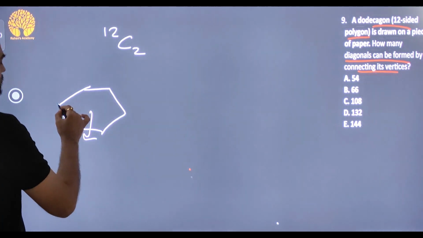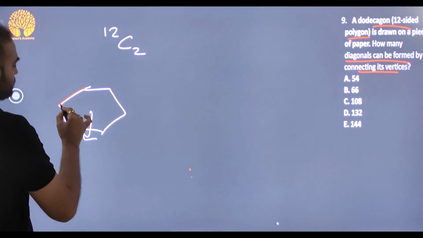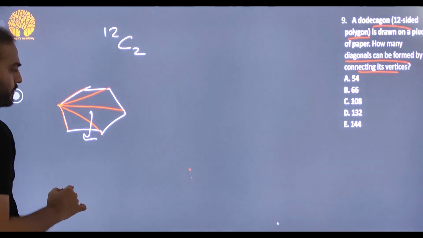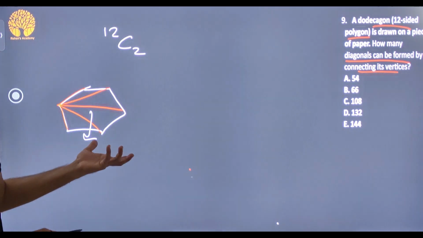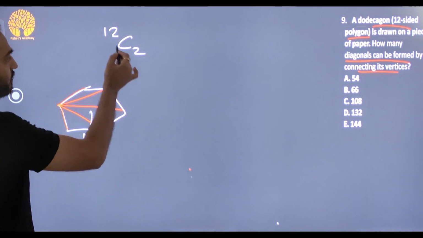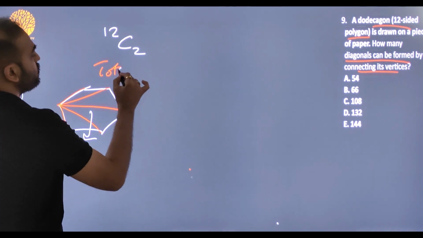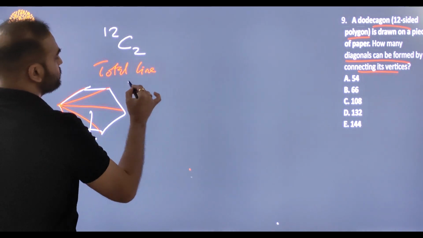This is point 1, this is point 2, you can connect like this, like this, like this. Pick any 2 points and join them, and you will get various line segments. Now these are the total line segments.